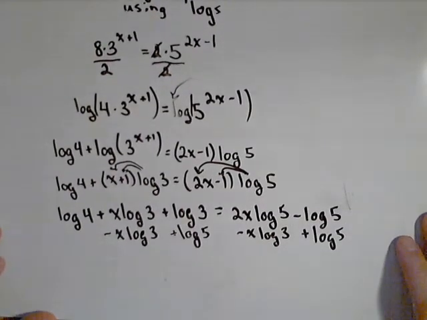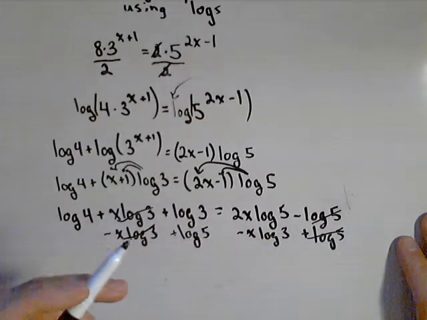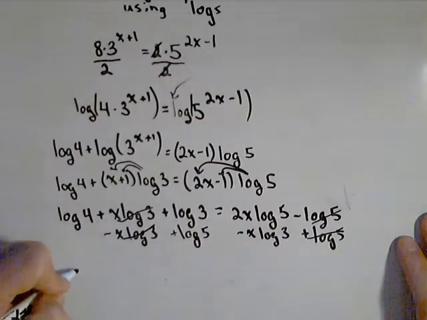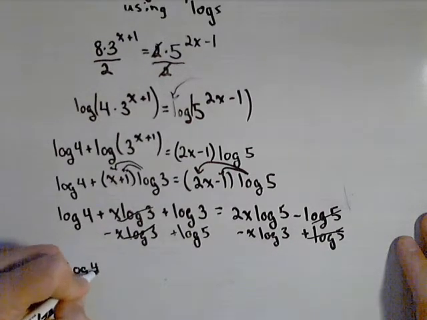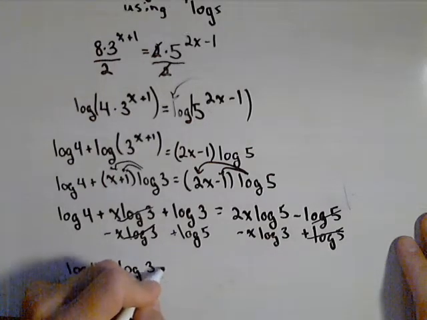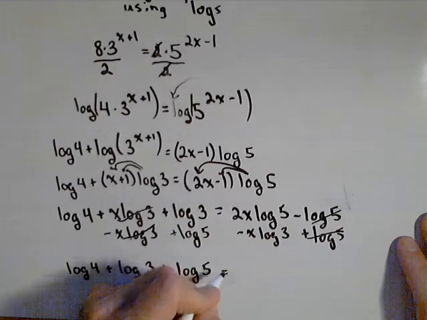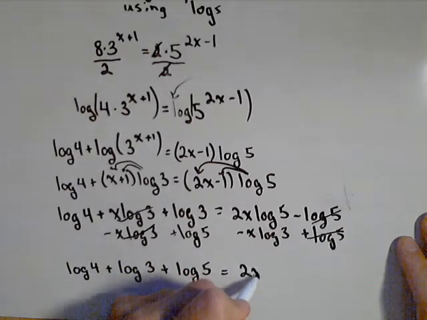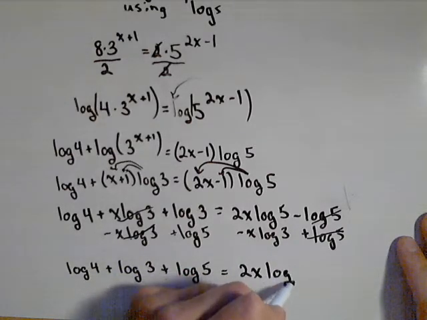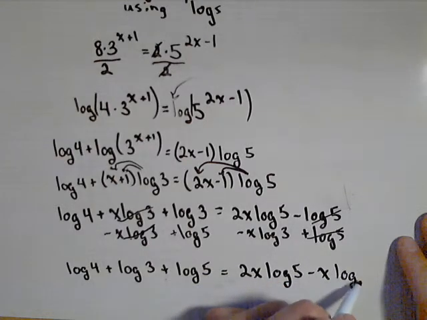So let's see what we got when we clean this up. Gone and gone. So on the left-hand side, I have log of 4 plus log of 3 plus log of 5. On the right-hand side, I've got 2x log 5 minus x log 3.